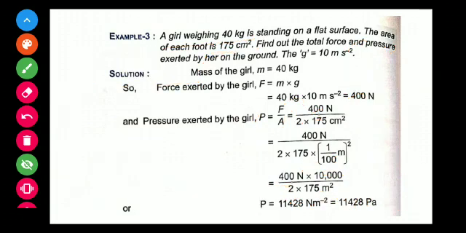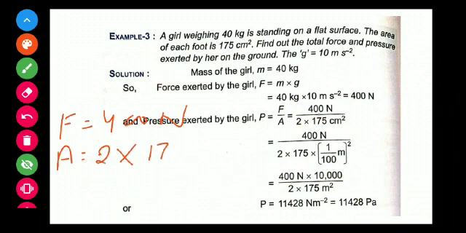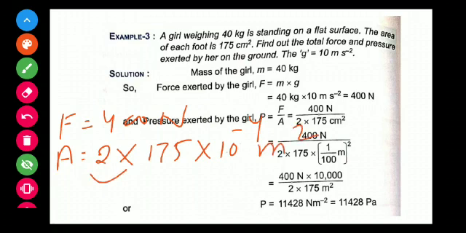Why do we multiply this term with factor 2? Because while standing on a surface, the area of 2 feet is included. Therefore, we multiply with 2.